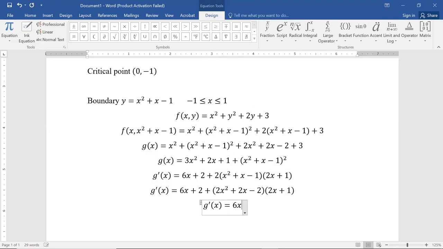So 6x plus 2 plus, all right, we get 4x to the third. I get 2x squared. I get 4x squared. I get a 2x. I get a minus 4x. And I get a minus 2.